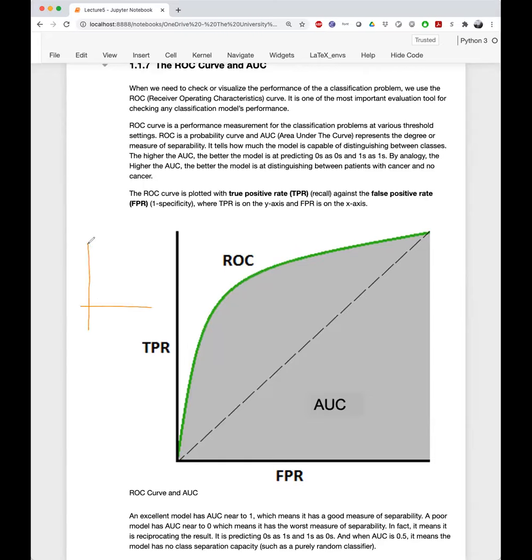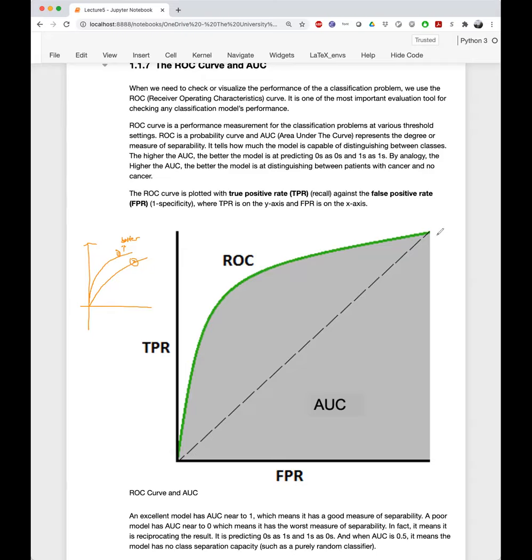If you plot the ROC curve for 2 models, one, for example, is like this, the other one is like this. Let's call this 1 and this 2. The ROC curve of model 1 is more toward the top left corner compared to the ROC curve of model 2. That means model 1 performs better than model 2, and later we'll explain why.